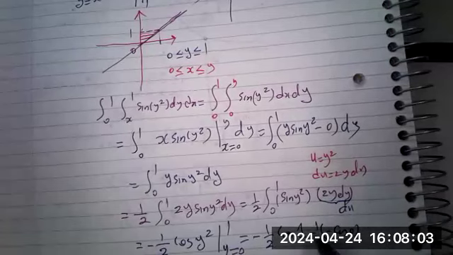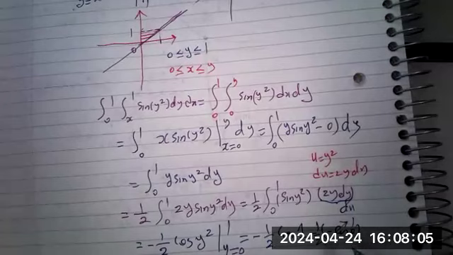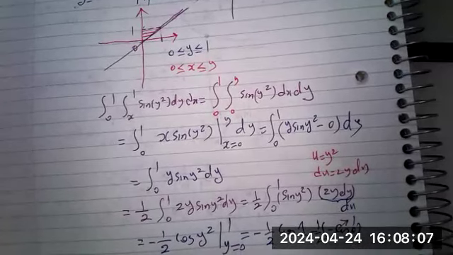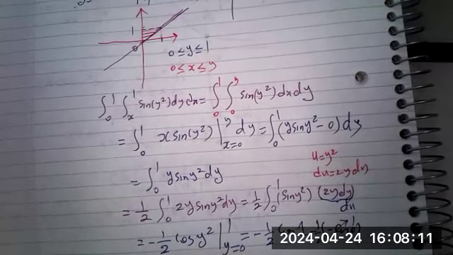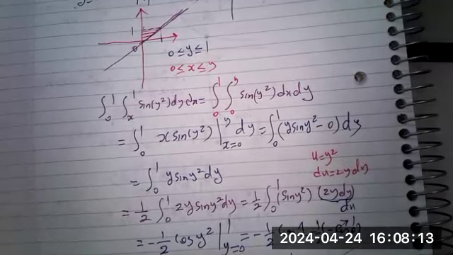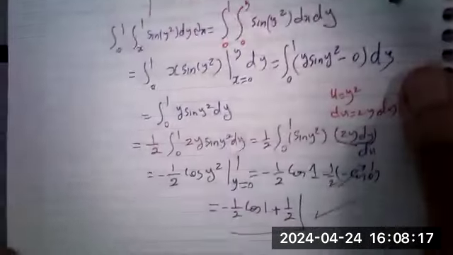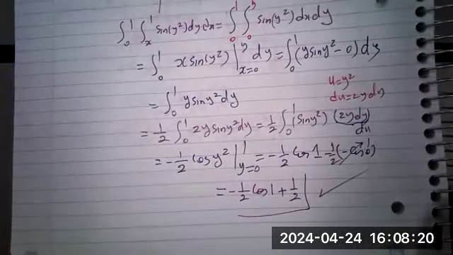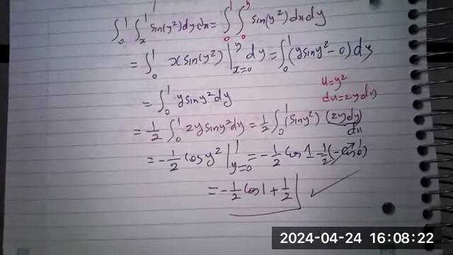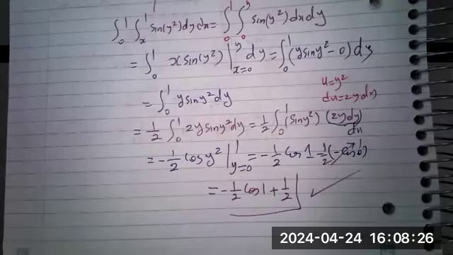There is a 1/2 here as well, so that gives you negative half cosine of 1 plus 1/2. The final answer. So this is kind of all the possibilities for this type of functions, where you reverse the order to be able to get a nice integral. This is the reversing the order.